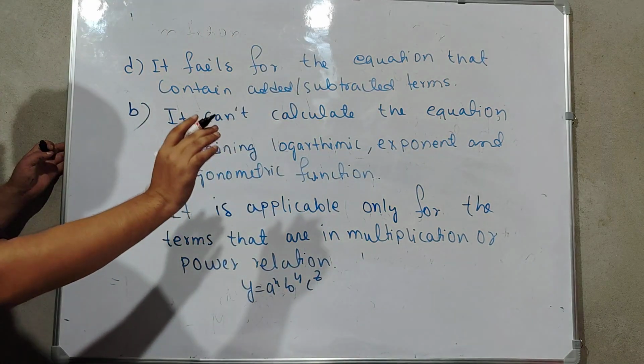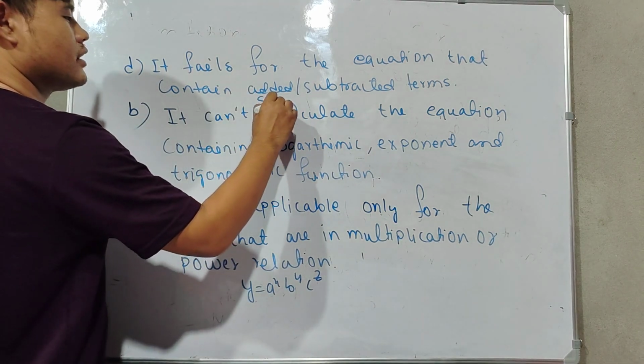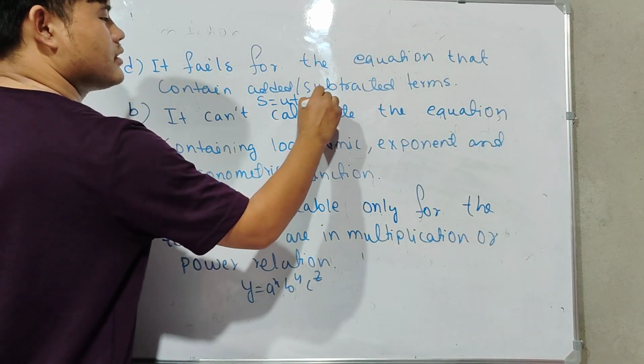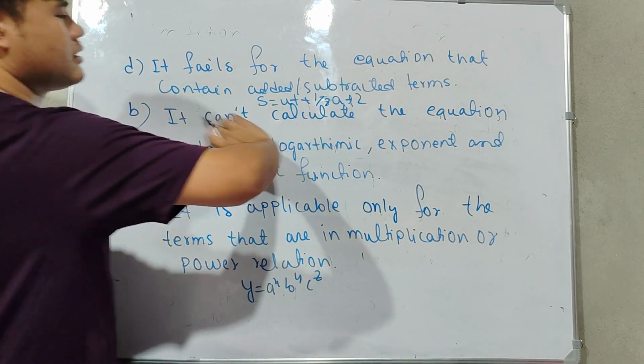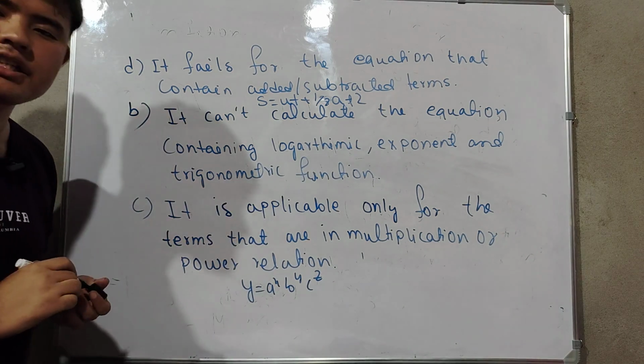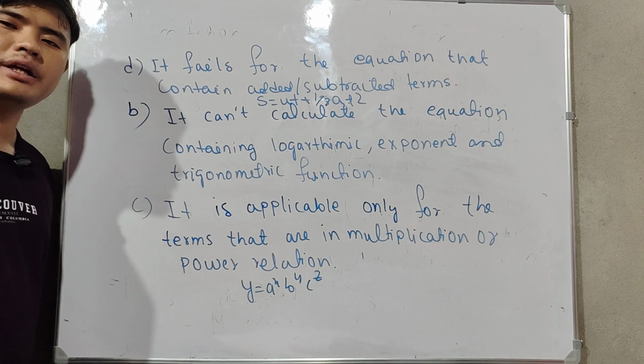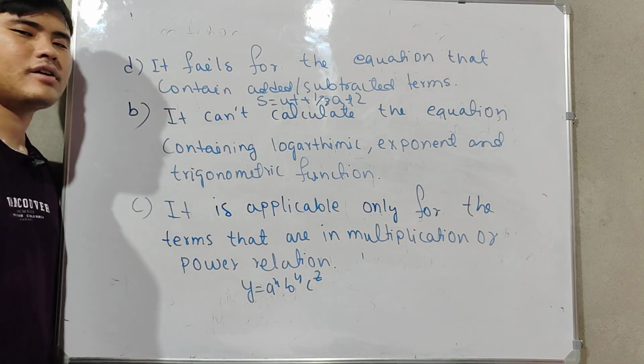It fails if s is equal to ut plus half at square comes, then this dimensional analysis is not applicable, right?